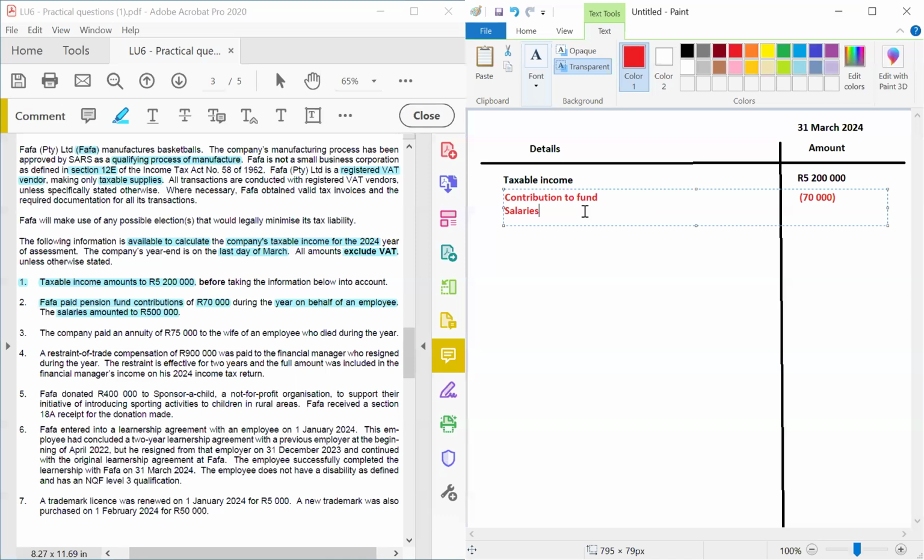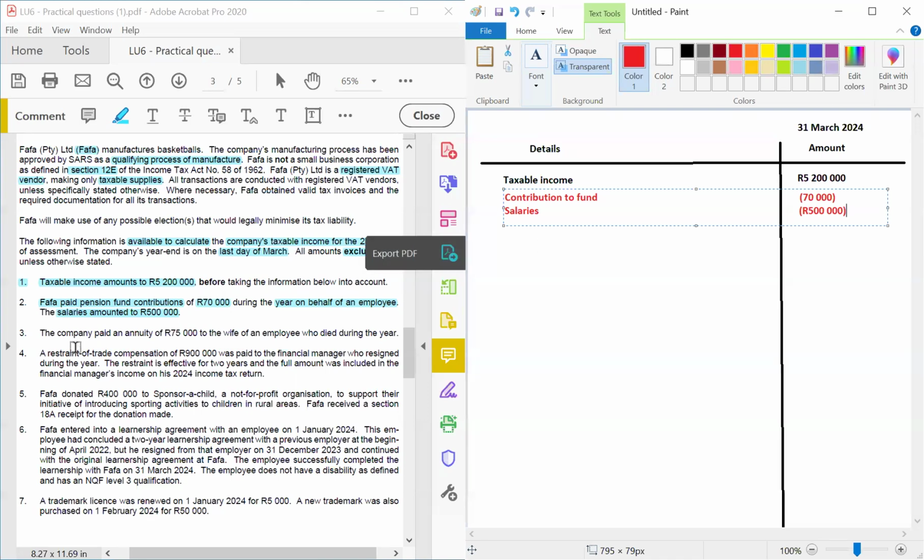If I receive income that relates to business, I need to include it as income. Salaries are a deduction, because I incurred them while I was trying to make profit.